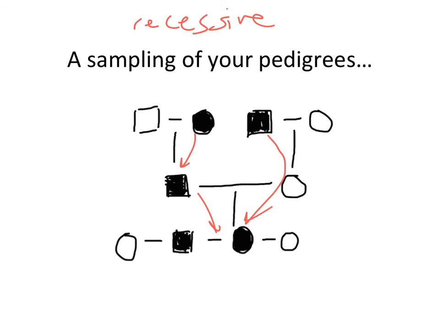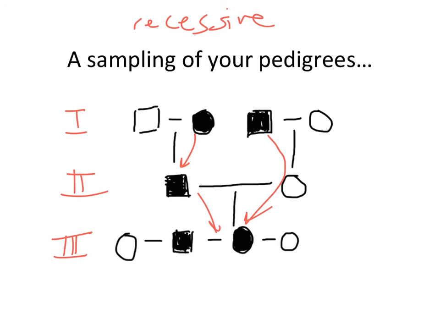What assumptions do we have to make if this is recessive? So half of individuals in generation 3 are affected. Does that mean that it can't be recessive, though?